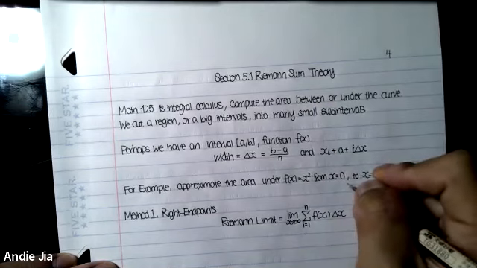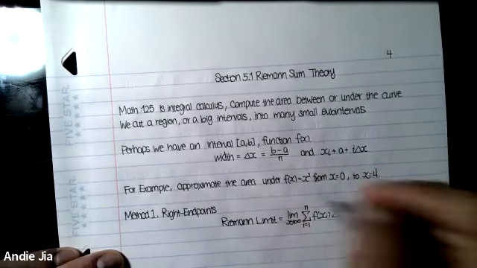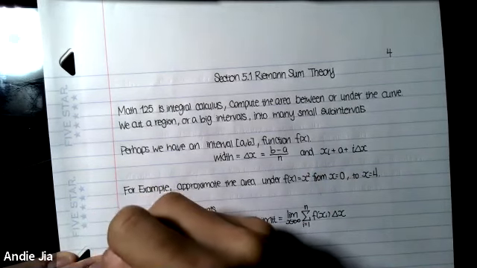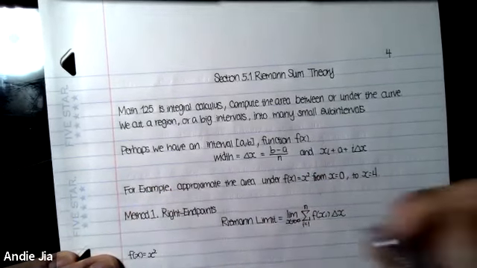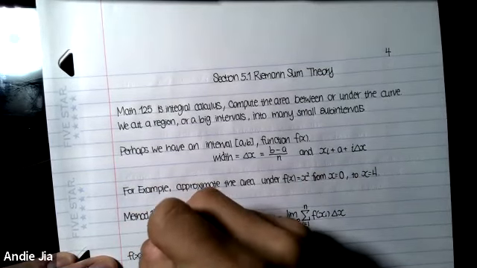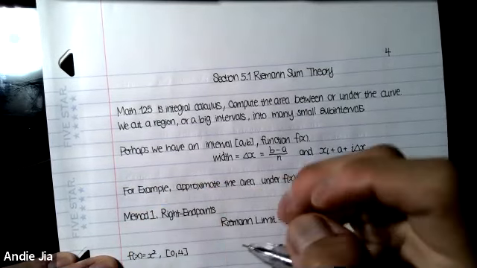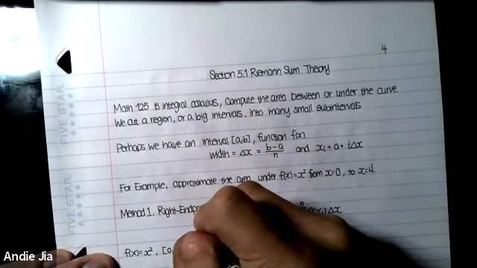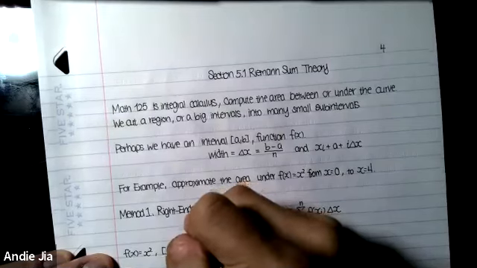We have the same function, f of x equals x squared. The interval is the same interval, but this time we use 5 subintervals.